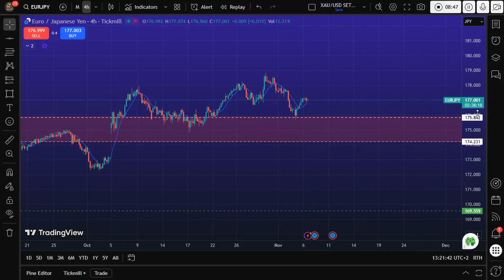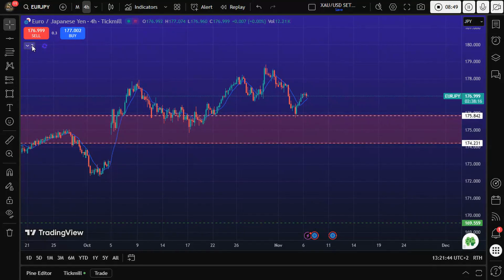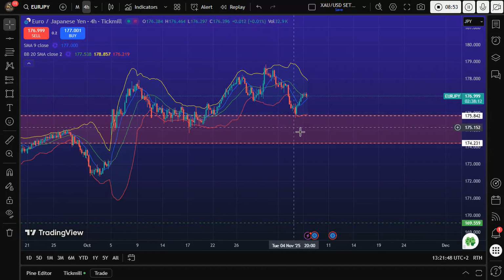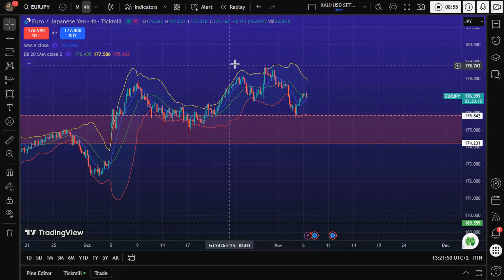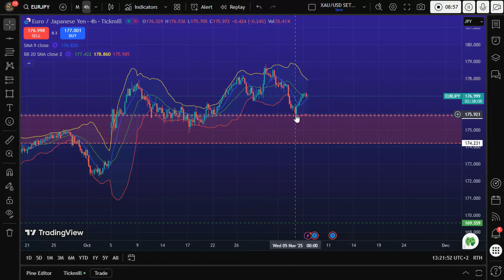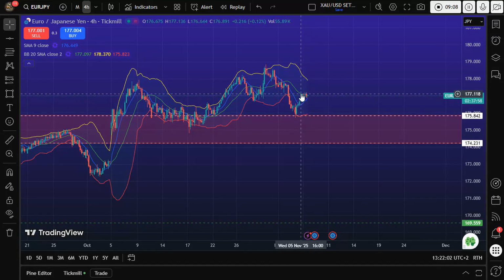So what we are planning to do, I like to combine my moving average with my Bollinger Bands, so I can clearly know what's happening. So clearly I can just see the candlestick penetrated underneath the lower band, and then it went up. Now this shows me, let me just remove the moving average here.